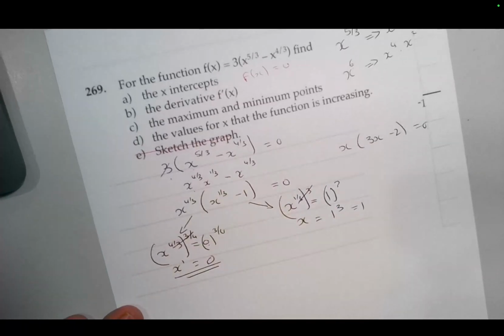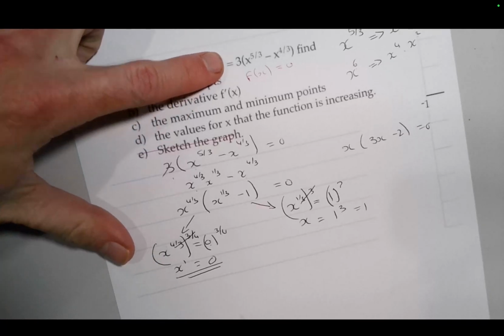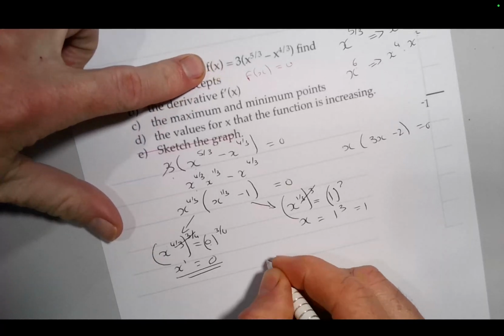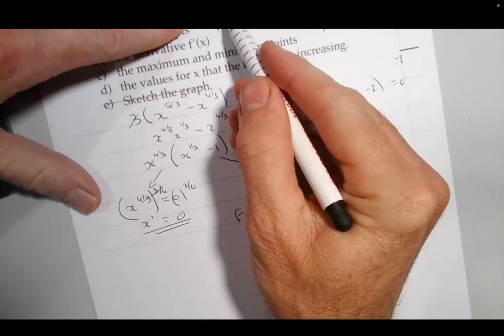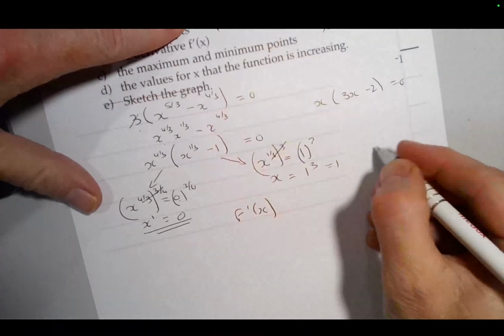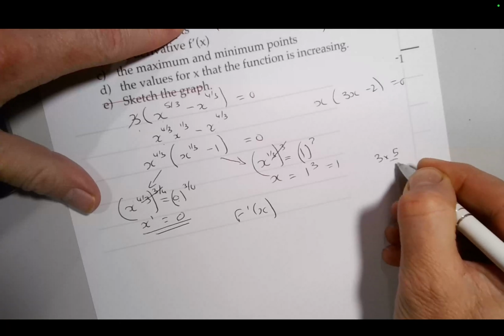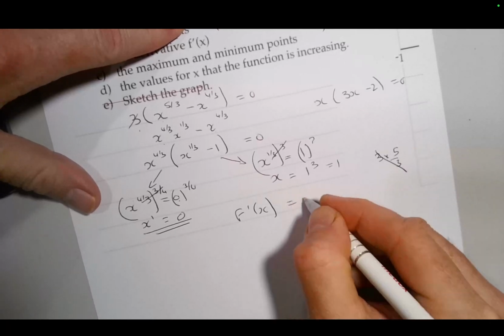The derivative function. Okay, the good news is this is not so scary. f'(x): the 5/3 comes down. What's 3 times 5 over 3? It's 5.